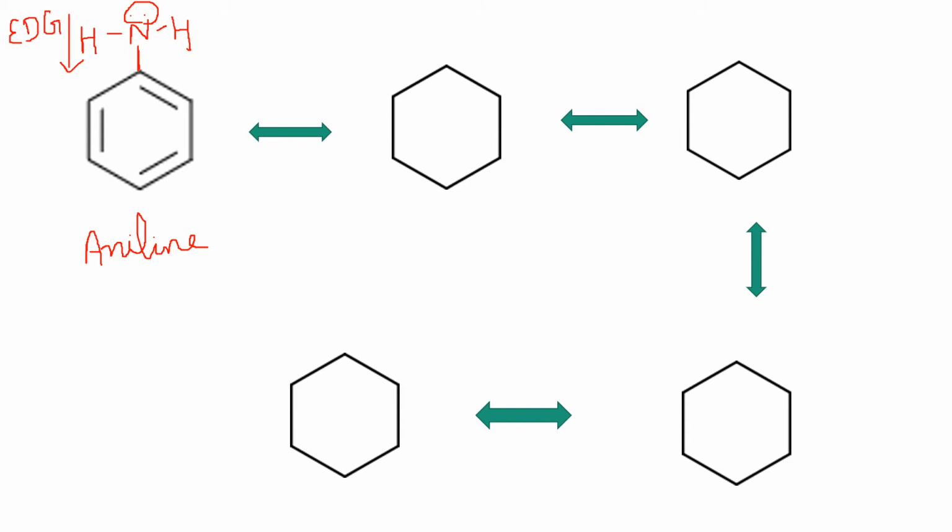Now we are drawing the resonating structures using this NH2, which is an electron donating group, and let us see what structures we get and how it is going to explain why an electrophile attacks on specific positions only when there is already a substituent on benzene. So here I have a lone pair on nitrogen. See, in the same manner as we did for phenol, I'm going to shift the electrons here.